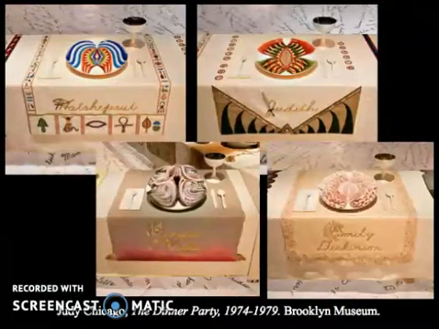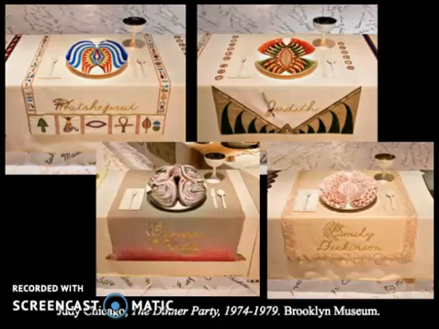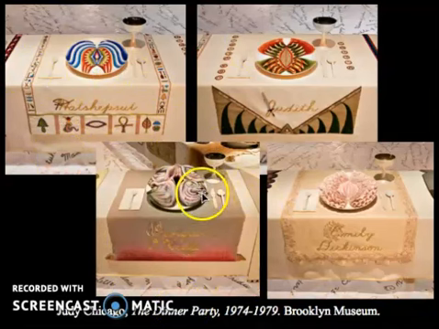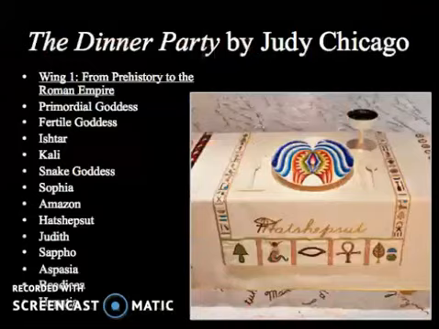So here you have some of those as well. Hatshepsut, Judith, Georgia O'Keeffe, Emily Dickinson, and much of the plates are meant to represent vaginas. Very much reminiscent of Georgia O'Keeffe and her work, very sort of floral and geometric and vaginal in many ways.